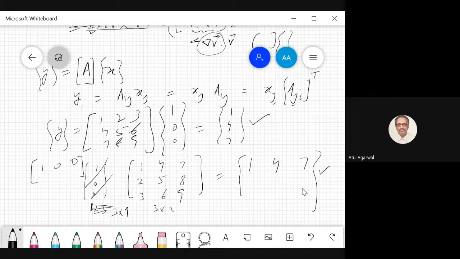Y is equal to Ax is equal to x A transpose. Whenever I use a tensor of order 2, I put 2 bars below it. If it is a vector, it is 1 bar. If it is a scalar, nothing. So that's the way we distinguish between tensors of different order.